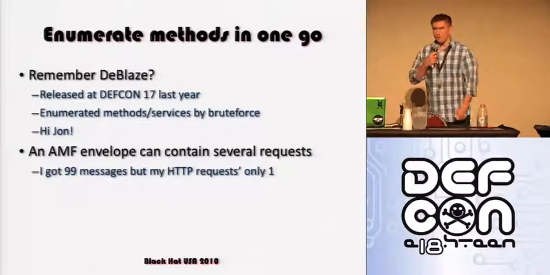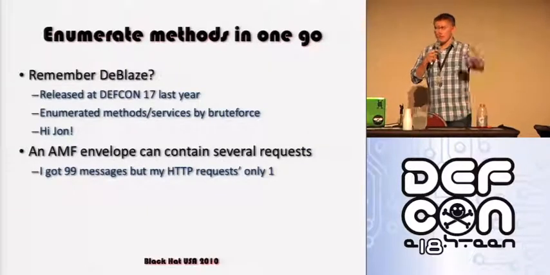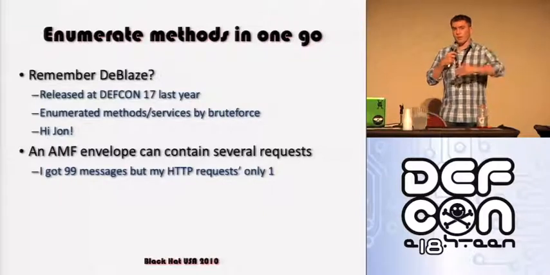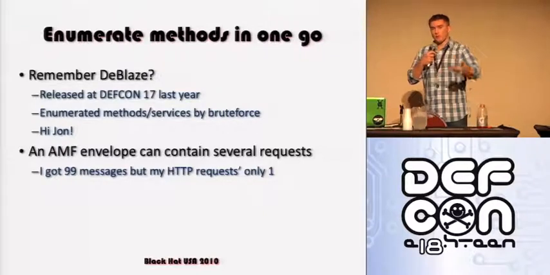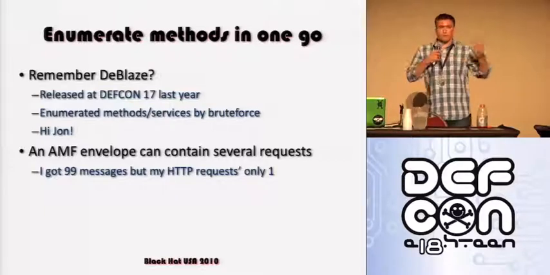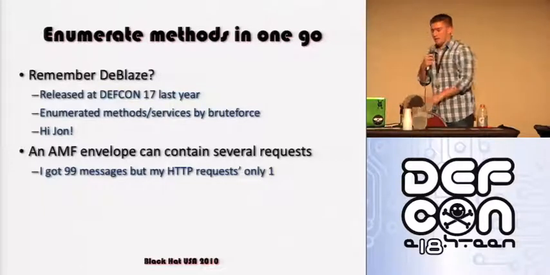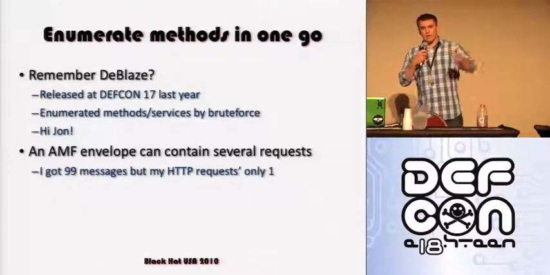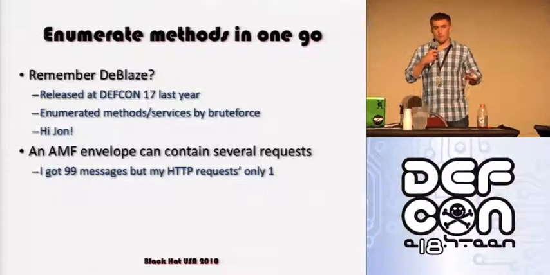I don't know how many people have heard of dblaze. Shout out to my buddy John Rose. Last year, he wrote this tool in Python that enumerated methods and services on a remoting server, but he did it by brute force, one HTTP request at a time. The cool thing about AMF is all AMF requests are packaged inside an AMF envelope.